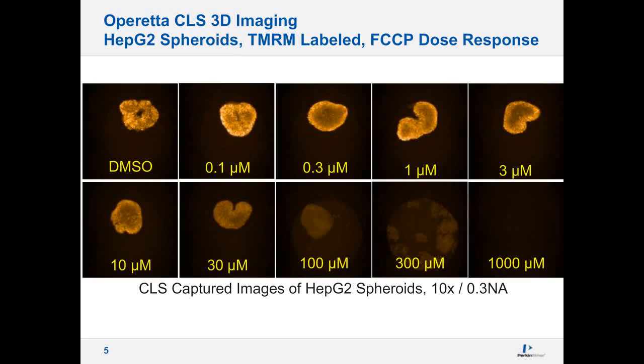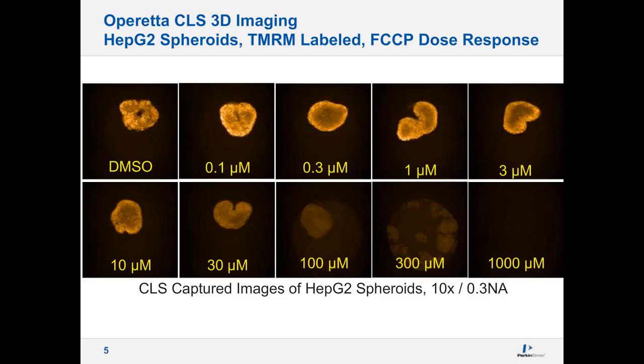This is an example of some of the images captured from the HepG2 3D spheroids. You can see a DMSO control, and high intensity with tetramethylrhodamine indicates good functional activity of the mitochondria.